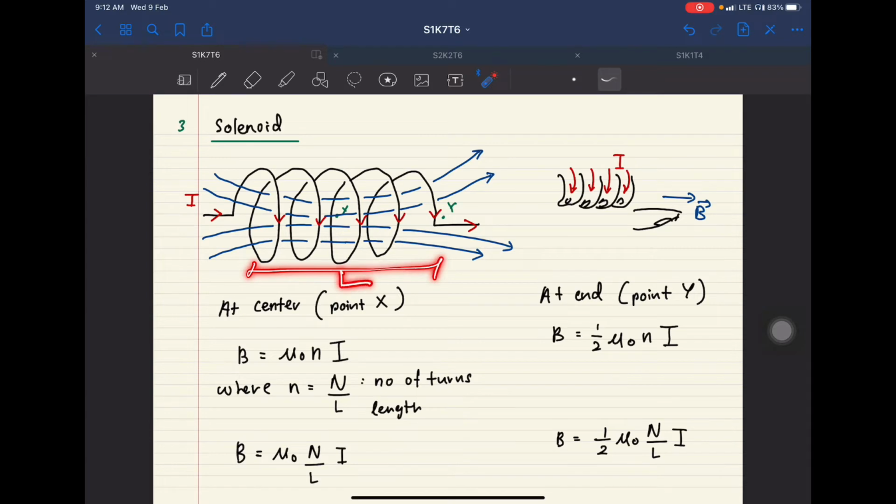If you substitute this inside there, you get this value. Okay, this formula is for the center, point X, which is at the center. If it is at the end of the solenoid, you have to multiply by half. So the value is actually half compared to the center.